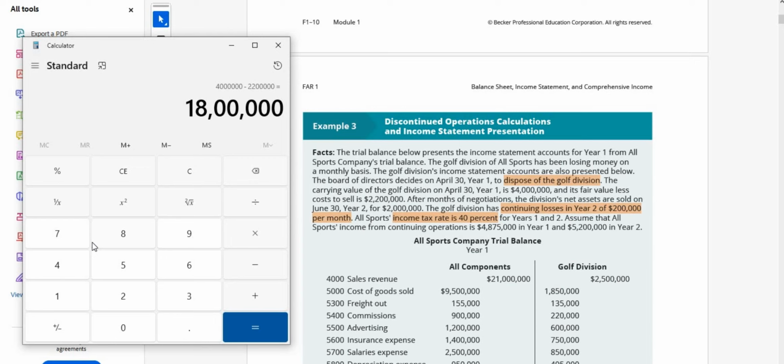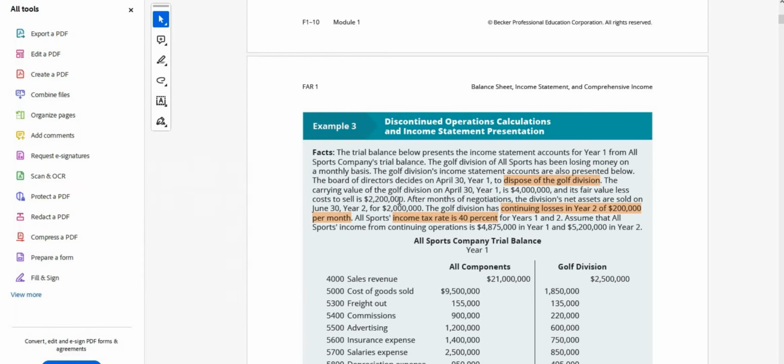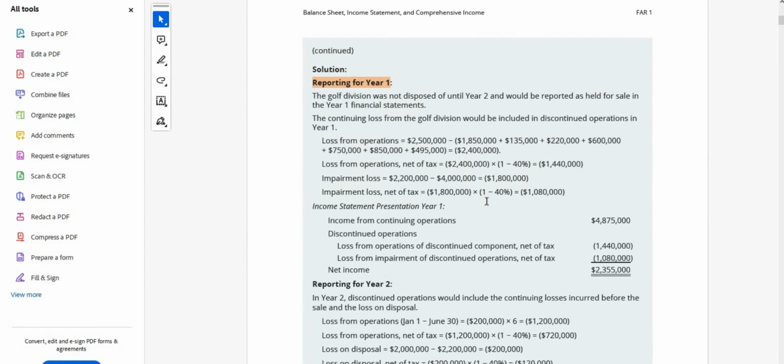So we need to deduct the taxes. Net of tax, 1 minus 40%, that is 60%, comes to 10,80,000. So we have this 10,80,000 as impairment loss net of tax.